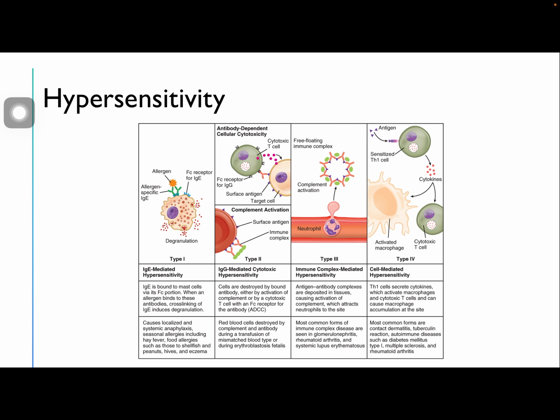So the first type is type 1 hypersensitivity, and this is going to be allergic reactions, specifically IgE antibody mediated. Anytime we create IgE antibodies to a pathogen, we can have an allergic reaction to it. Generally, these create a large systemic response.